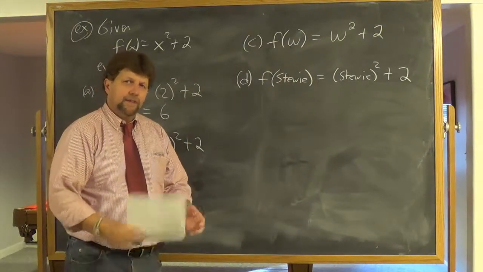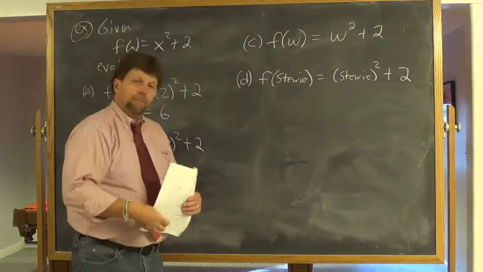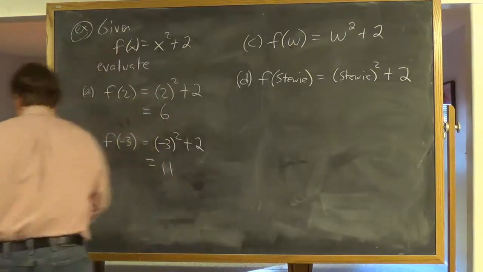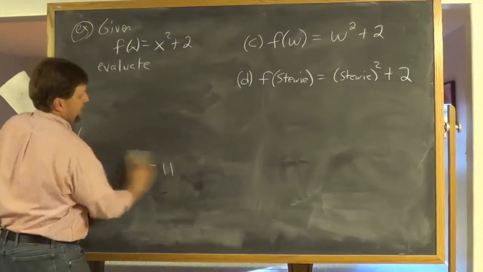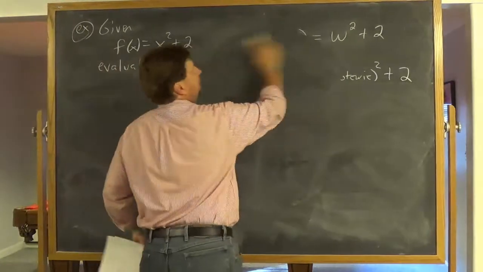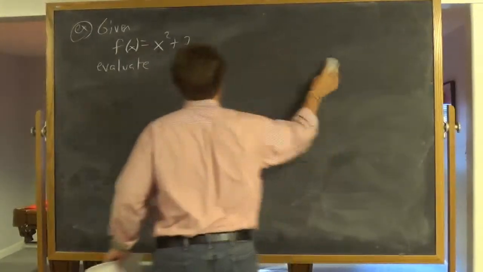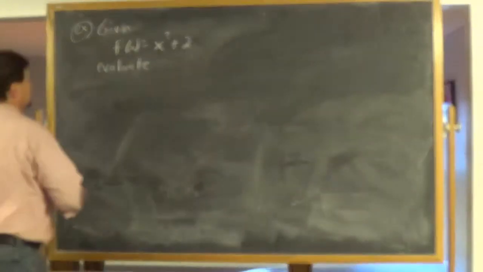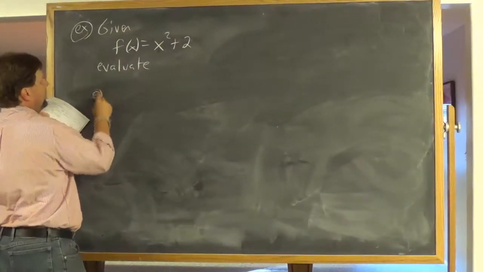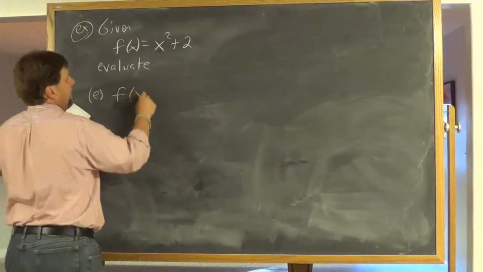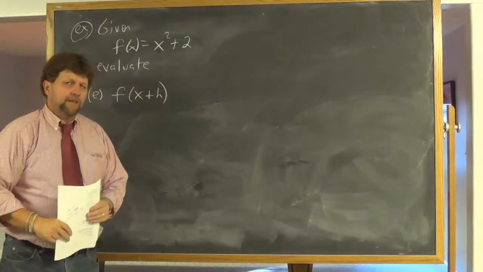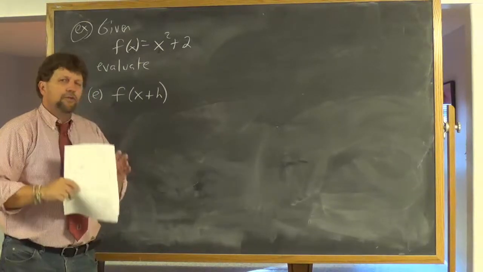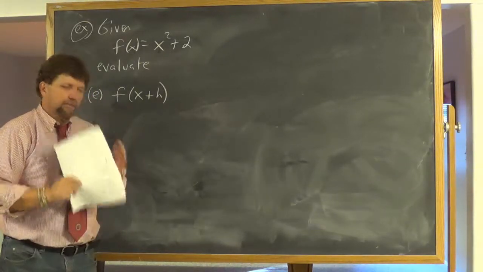Nothing more, nothing less. So for part E, I'm going to need a little bit more space, so bear with me while I erase this. So long, Stewie. So part E, you're asked to do the f of x plus h. Do not change the process.